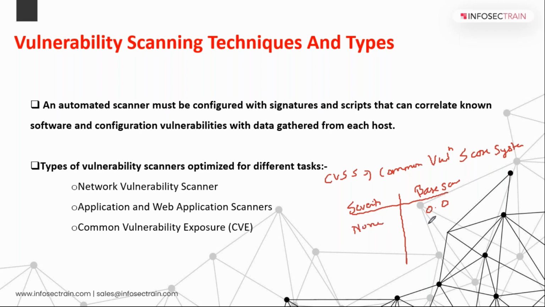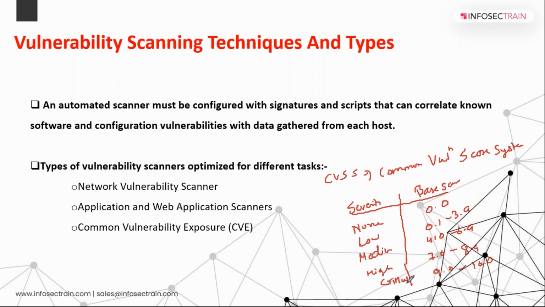If your vulnerability base score is between 0.1 to 3.9, the severity is low. If it is 4.0 to 6.9, medium; 7.0 to 8.9, high; and from 9.0 to 10.0, critical.